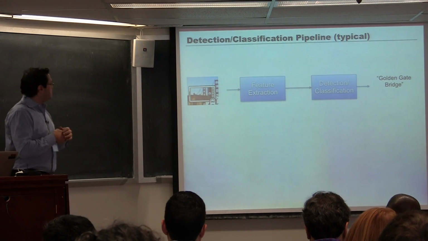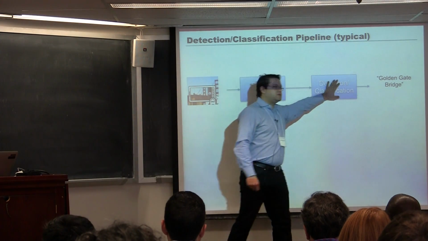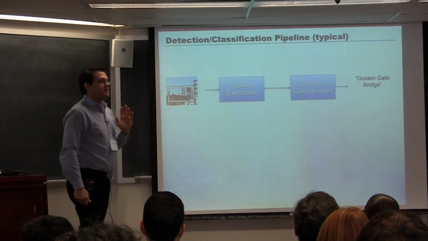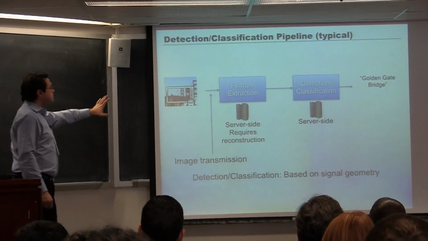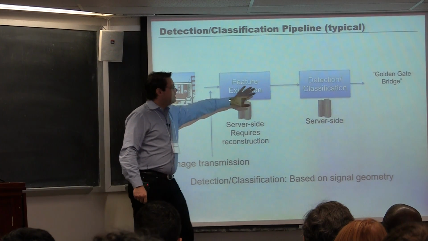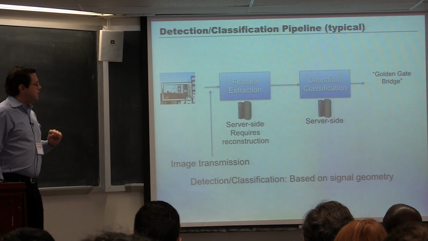So if we go back and see the pipeline, you have your picture, you have your feature extraction, you have your detection and classification, and then you have the result. Where should each stage happen? You could transmit the whole image, and then do the feature extraction and the detection and classification at the server, right?